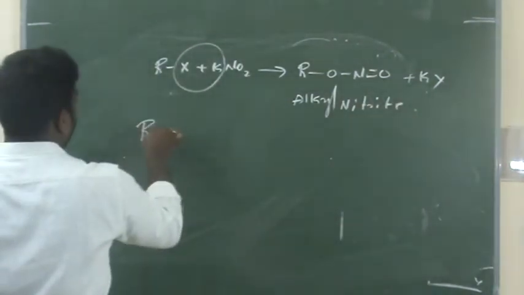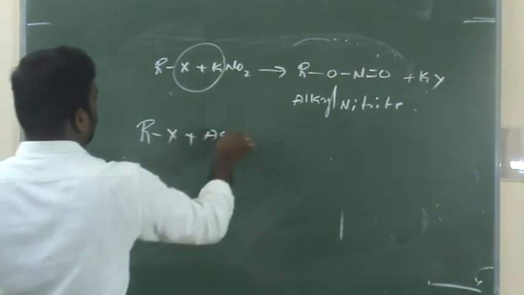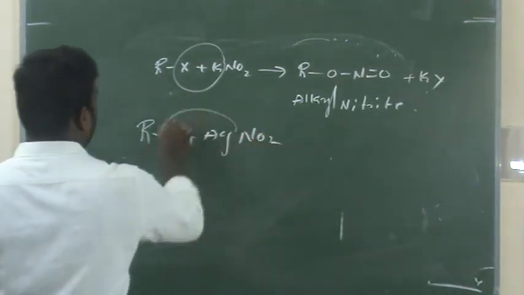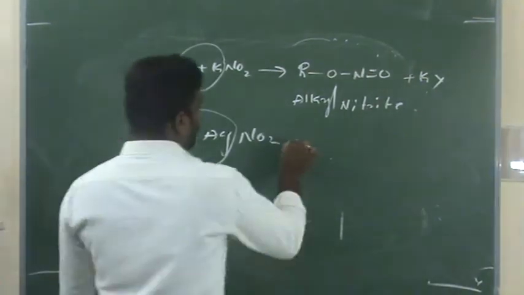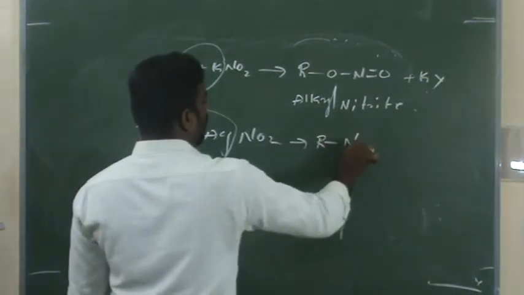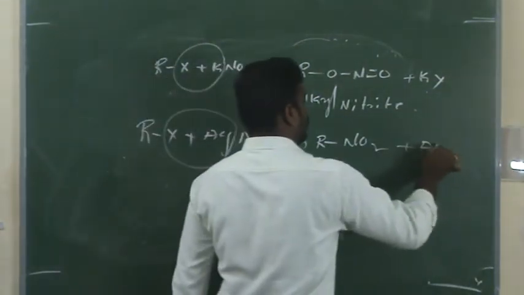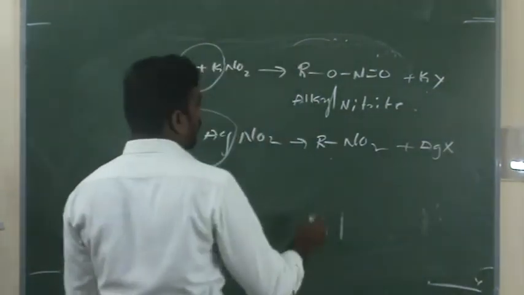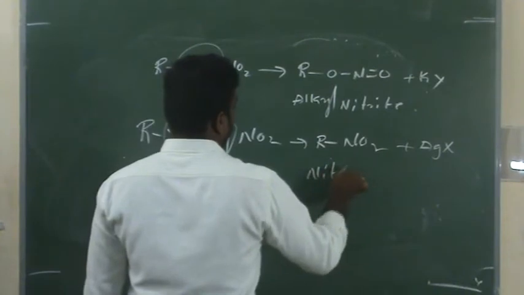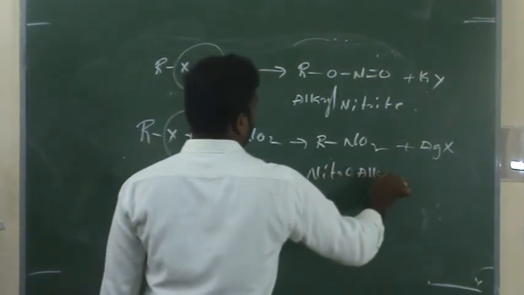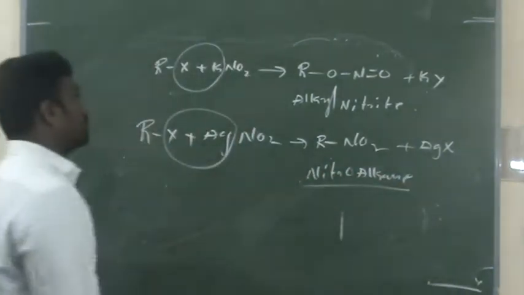But the same RX reacts with AgNO2. There is a removal of AgX. Then there is a formation of RNO2 plus AgX. This is called nitroalkane. A small difference. Try to understand.